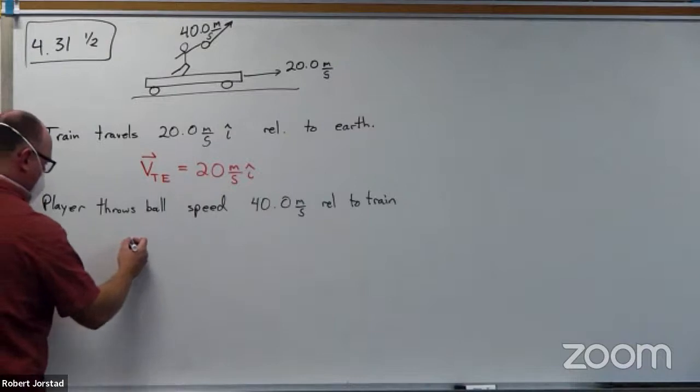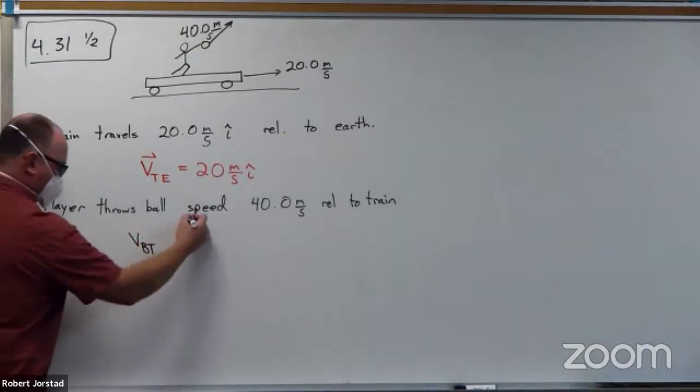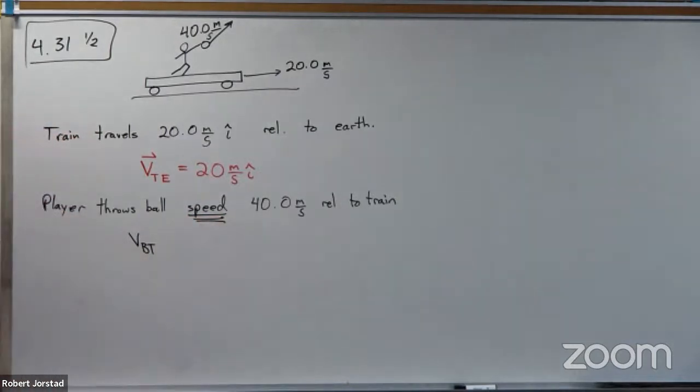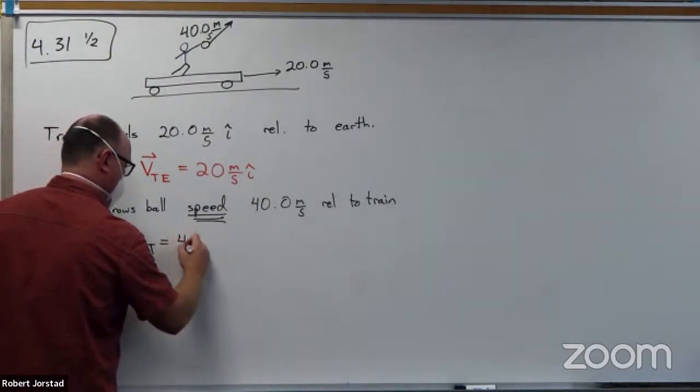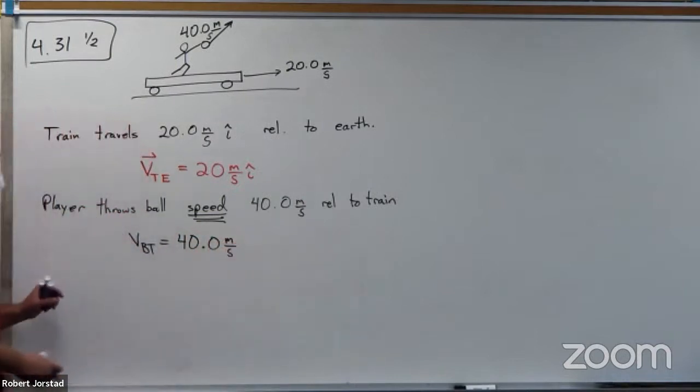V of the ball relative to the train, should there be a vector or not? Should there be a vector if I underline that word? No. See how it's subtle? Knowing a vector versus knowing a magnitude. That's what we know. We don't know the vector.